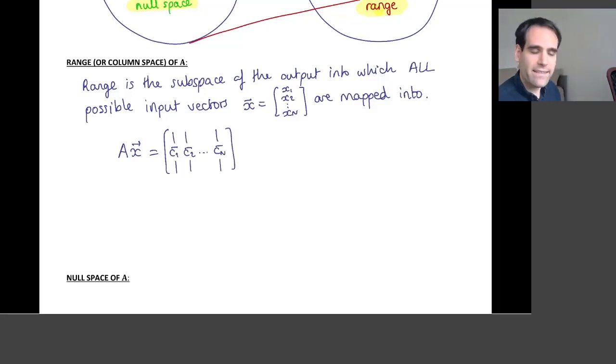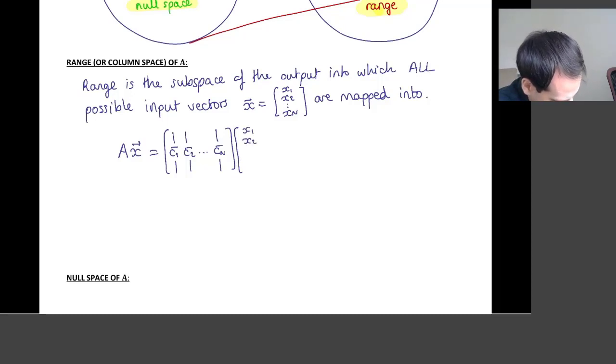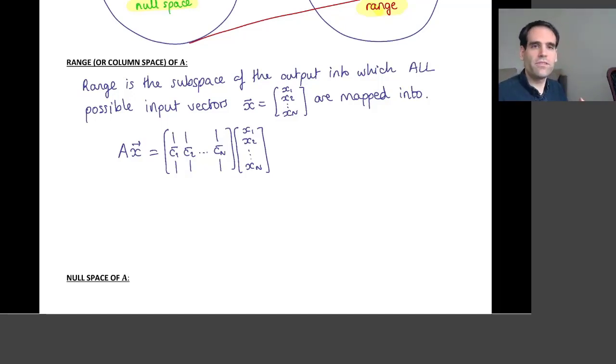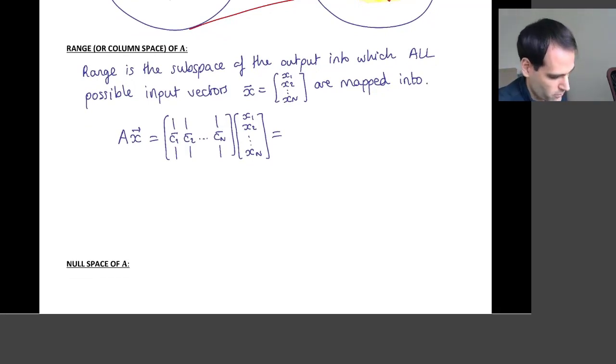And then vector X is our input vector that has n elements, n components. And these components can take any value because we want to find all possible input vectors. But this A times X, if you do matrix vector multiplication, ends up being a linear combination of the columns given by this.